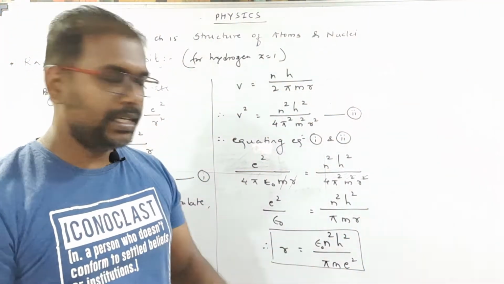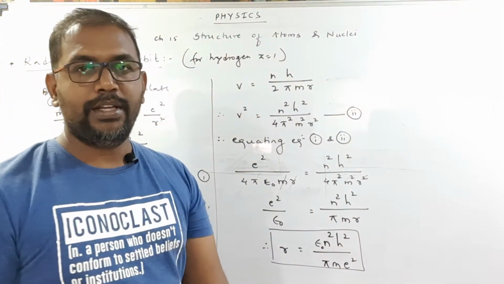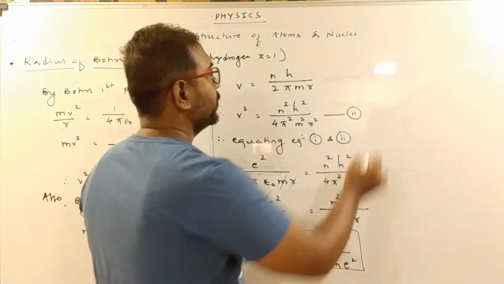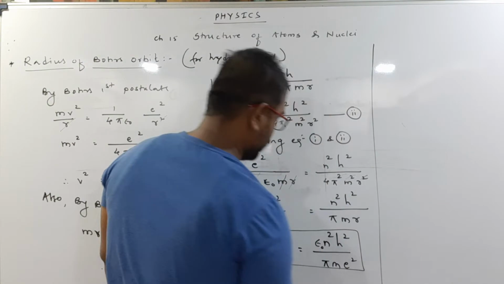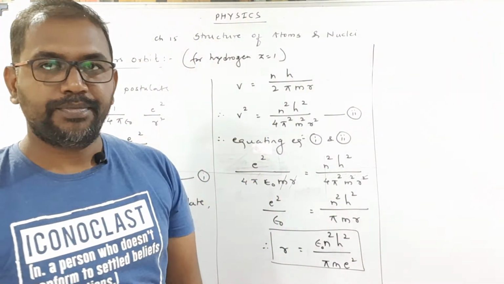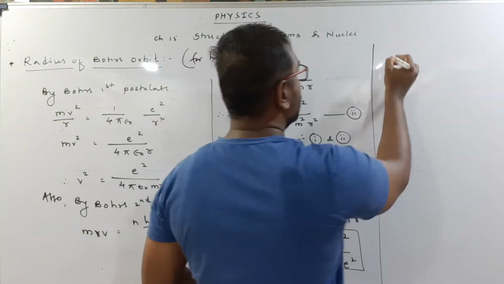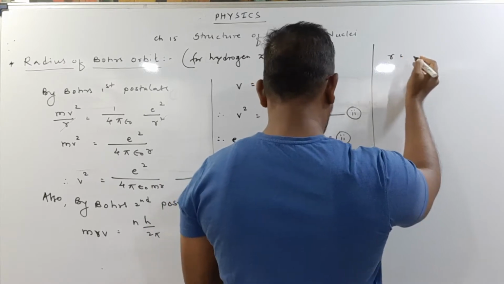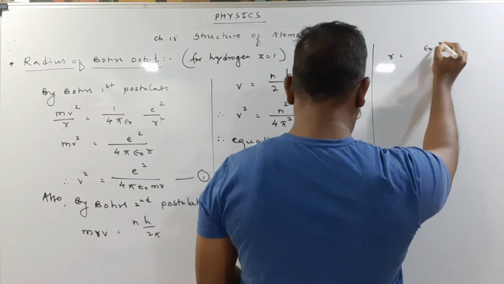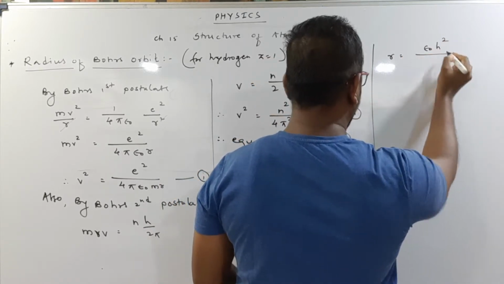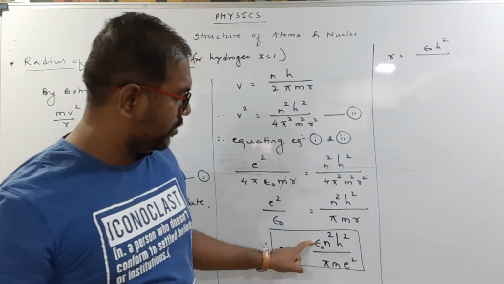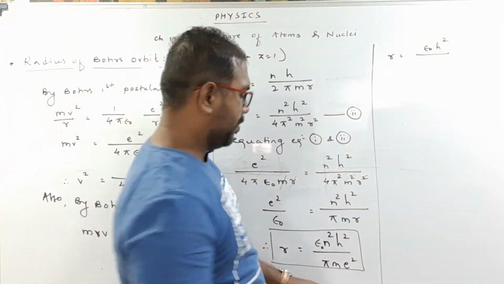And this is the expression for radius of Bohr's orbit. In this formula, we can write r is equal to epsilon 0 h square divided by pi m e square, multiplied by n square.